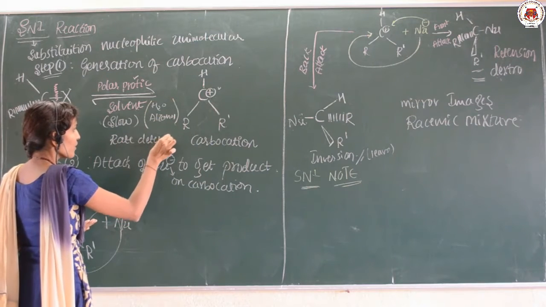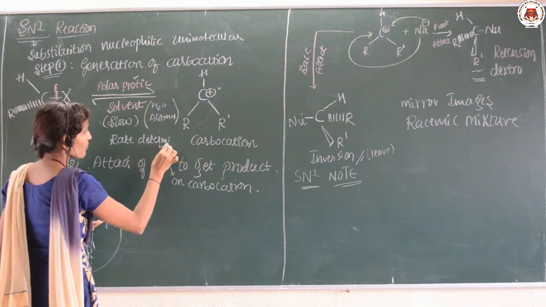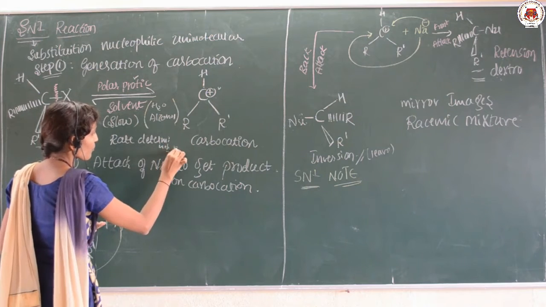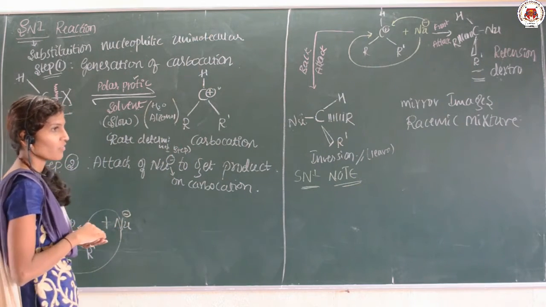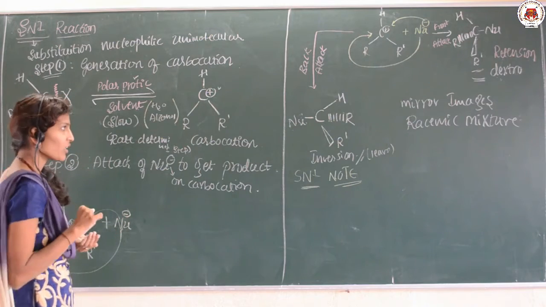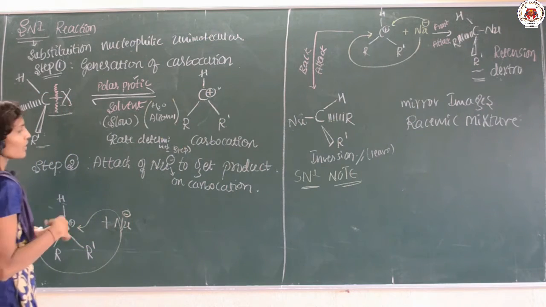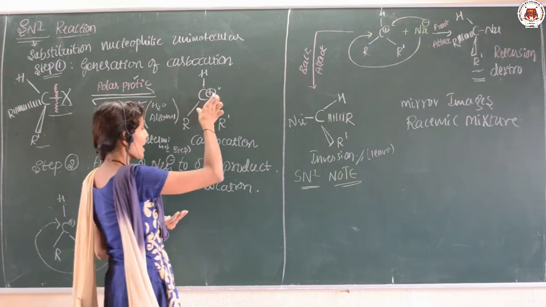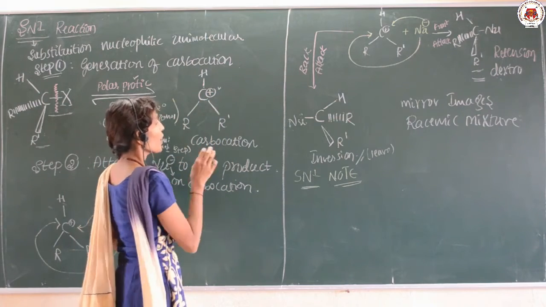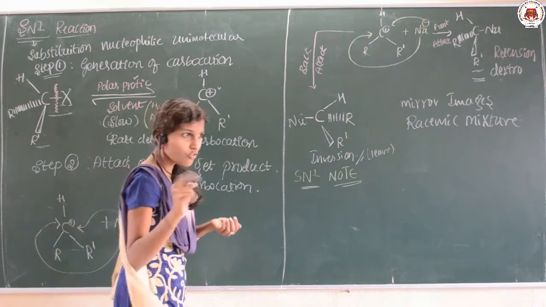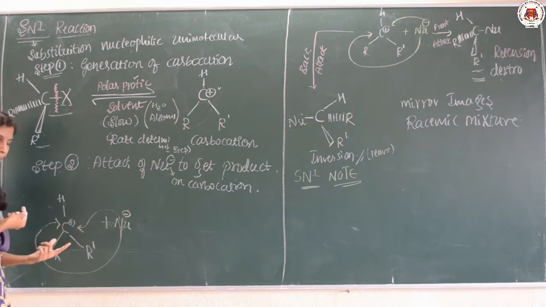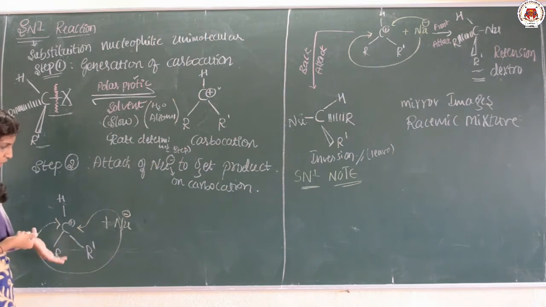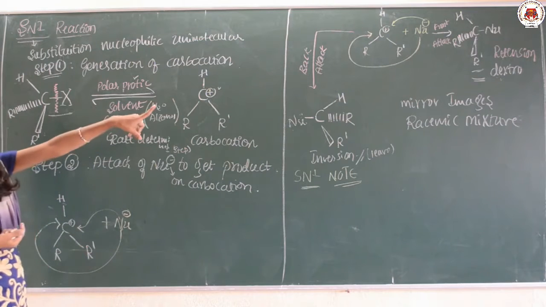The slowest step is the rate determining step. Clear? In the next step, the nucleophile, Nu minus, attacks the carbocation in order to get the product. How it happens, I show here.